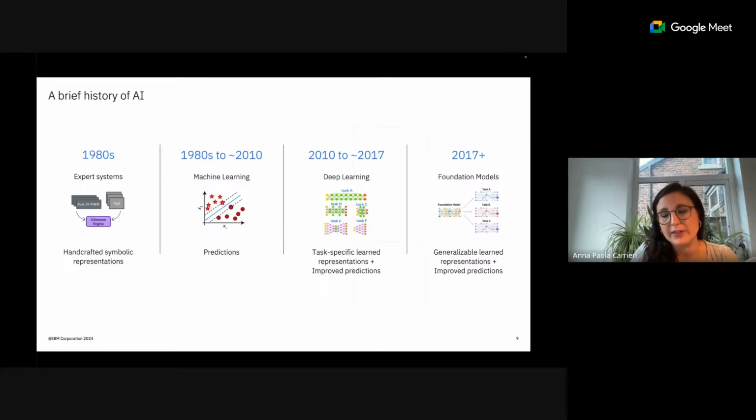Then in 2017, a paper was published by Google Research and DeepMind, called "Attention is All You Need." It was a paper in the proceedings of a conference called NeurIPS, which is a very important conference in the AI community. I'm sure you all know of it. In this paper, Google presented a new neural network architecture called the transformer.